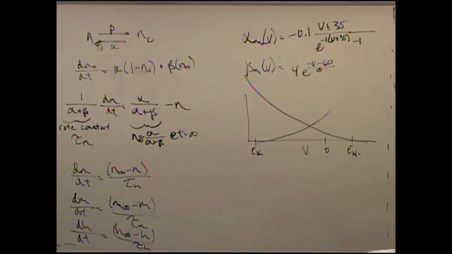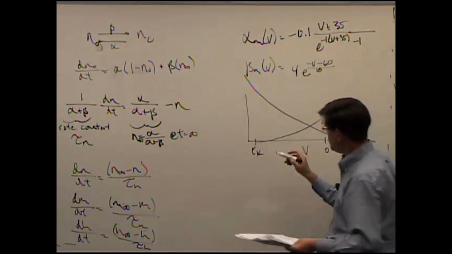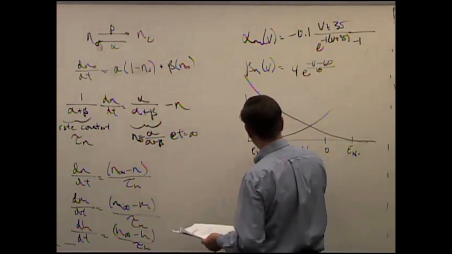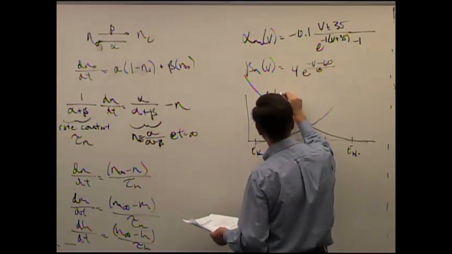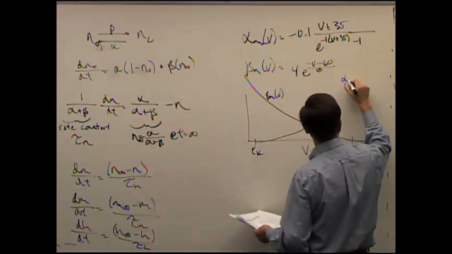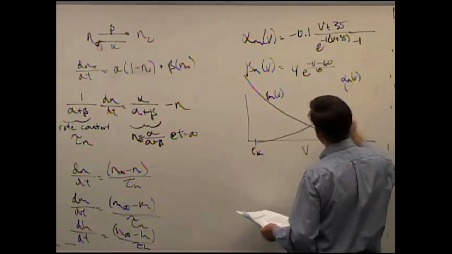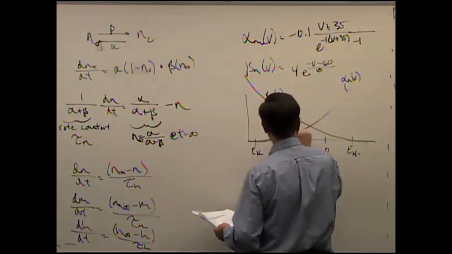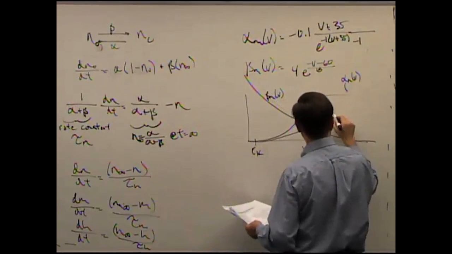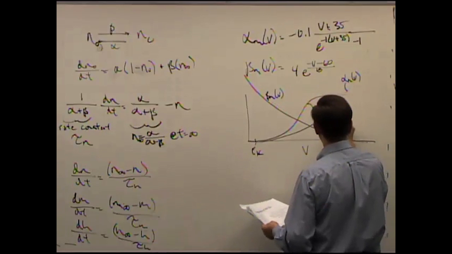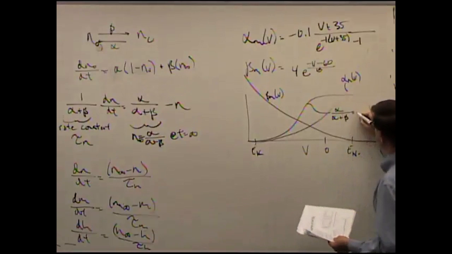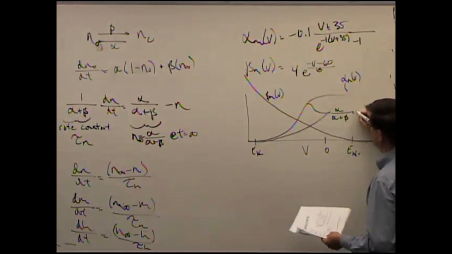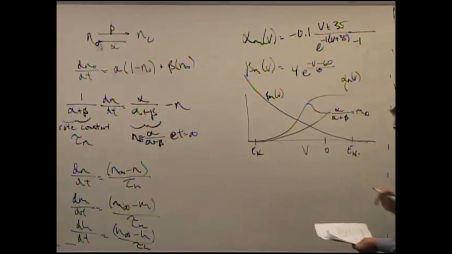When you add them together, when we calculate m infinity, sorry, this is beta m as a function of voltage. This is alpha m as a function of voltage. When you calculate alpha over alpha plus beta, that is equal to m infinity.